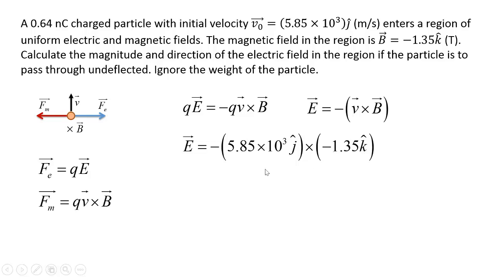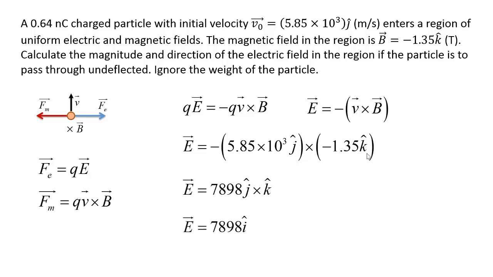You have a minus here and a minus in front, which cancel each other or gives you plus. And all you have to do is multiply the magnitude of these two vectors, and then remember that the cross product between the unit vector j and the unit vector k is the unit vector i.